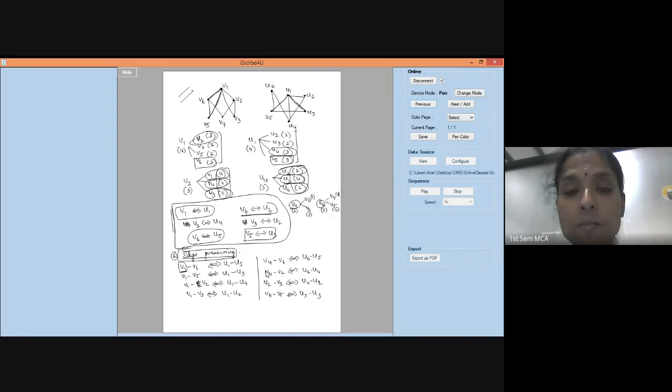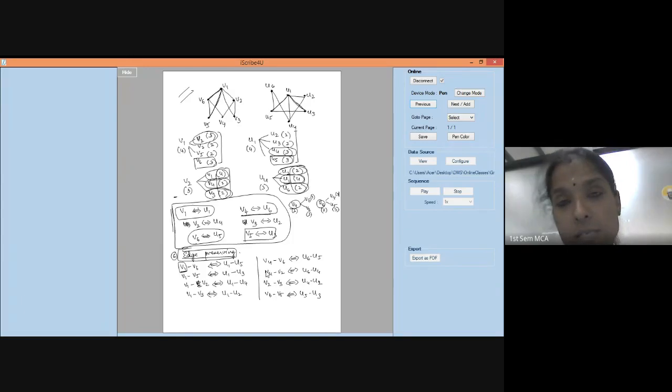Which one are you going to map? Now, go back to your vertex preserving. What have we done there? We have seen that V1 is equivalent to U1 and V6 is equivalent to U5. So V1 to V6 will now become U1 to U5. Go to G2.